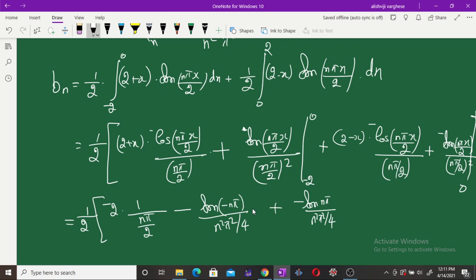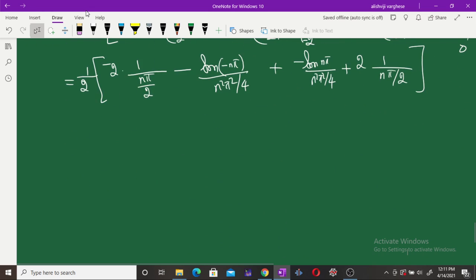Then the lower bound, sine 0 becomes 0, and here it is 2 times, we have a minus sign, so it becomes plus cos 0. Cos 0 is 1. Then what we have is 1 by n pi by 2.